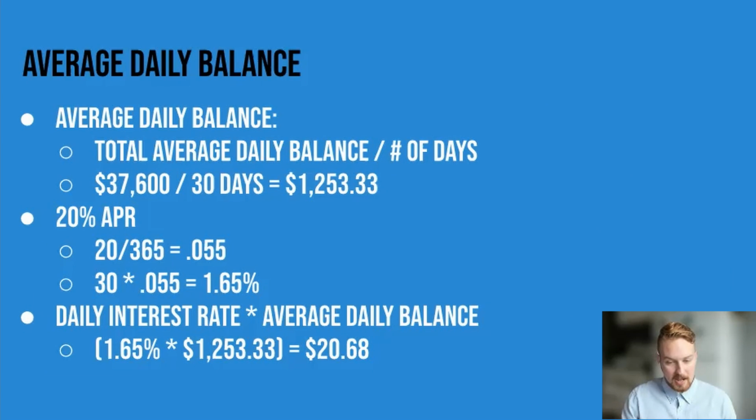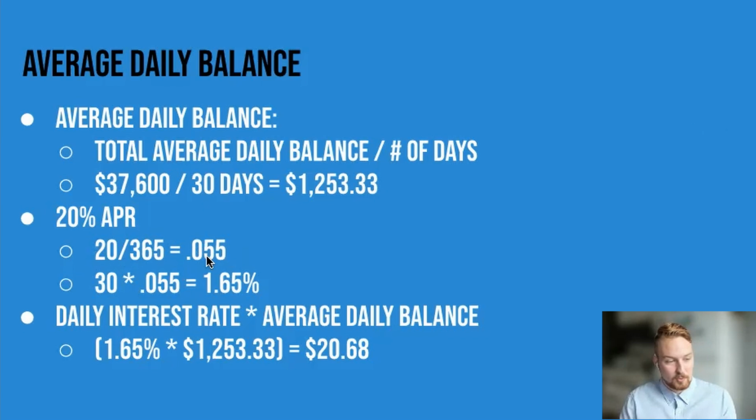Sweet. So now let's figure out how much interest we're going to be charged for that amount of money. At a 20% APR, we have to take 20 divided by 365, that's 365 days of the year, because we're trying to get the daily interest rate. We get 0.055.